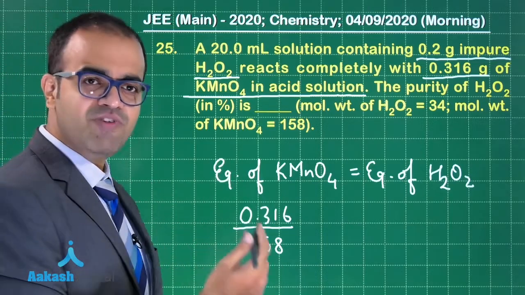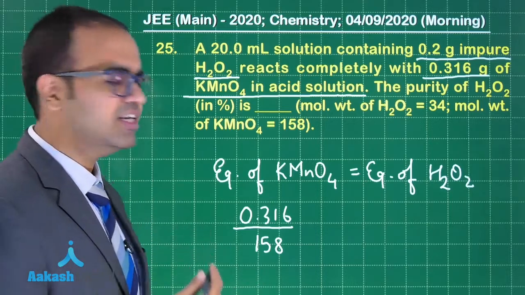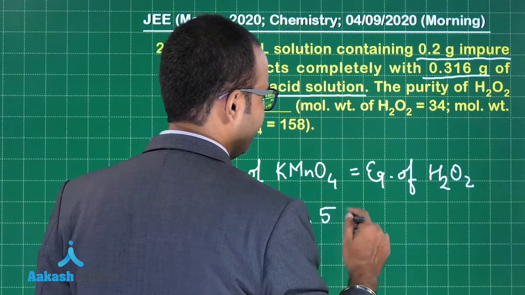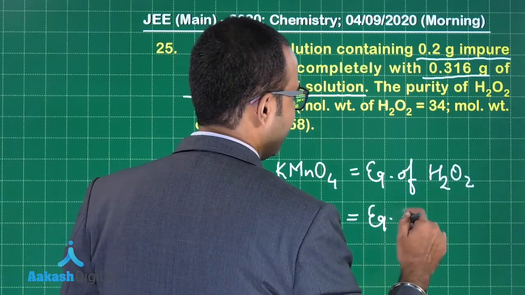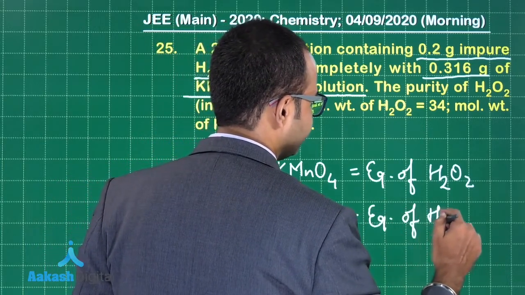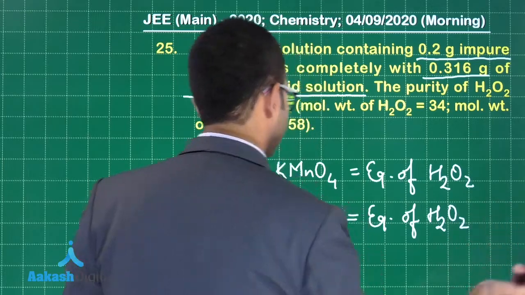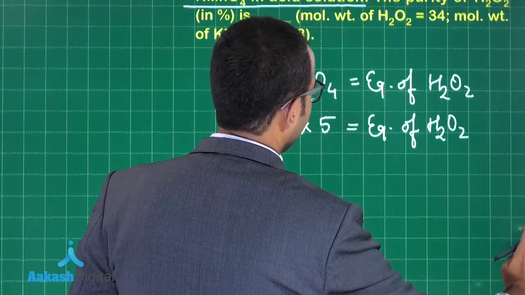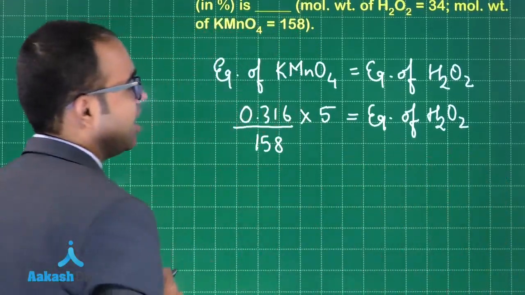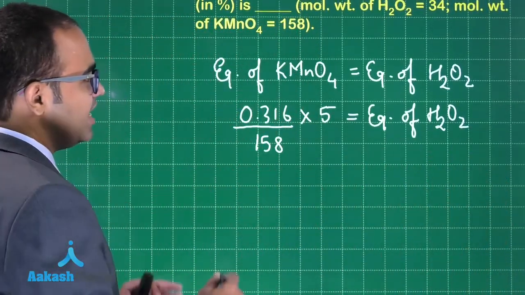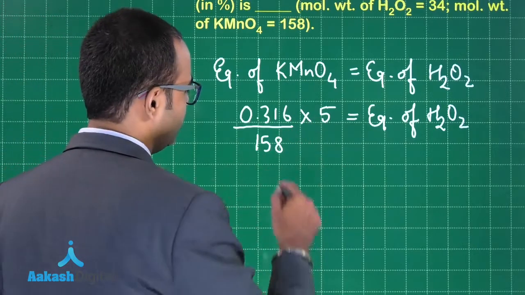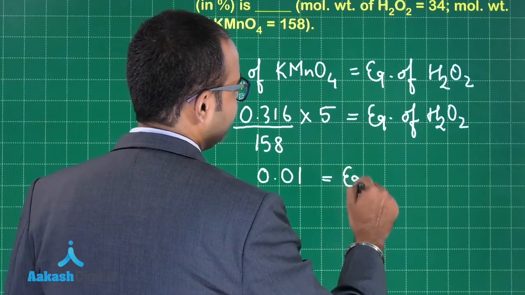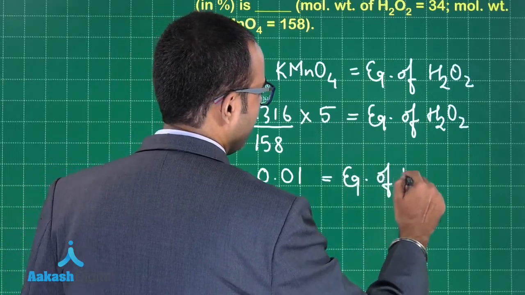There will be exchange of 5 electrons. So the n factor is 5. So I'll multiply this by 5. That will be the equivalence of hydrogen peroxide. So the equivalence of H2O2 will be how much? It will be 0.01.